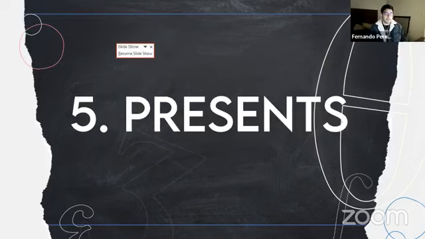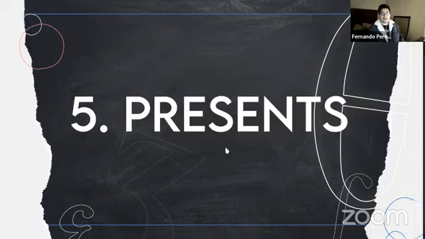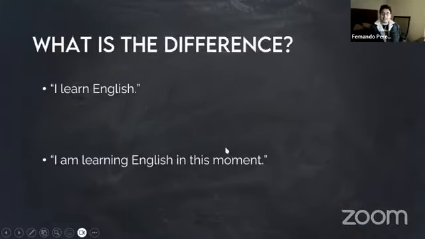I want you to observe the following idea so you can identify what is happening. We have two sentences, two ideas: I learn English and I am learning English.